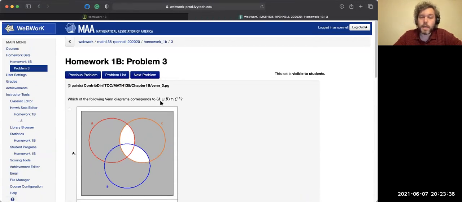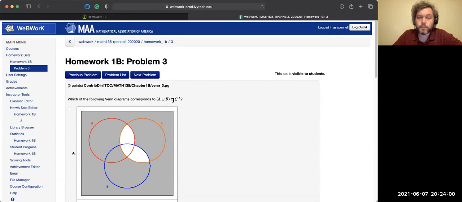Okay, now this one's a little bit more complicated. It has a parenthesis here. And how I would suggest to do it is I would suggest thinking about it with the parentheses first, understand what the parentheses is talking about, and then you can tackle the whole problem. So the parenthesis says A union B. A union B is putting all of A, all of B together.